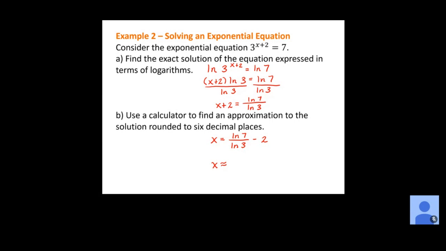Okay, so negative 0.228, and then 756 if we just need 6 decimal places, right? And so that should be good there. Any questions on how we got that?